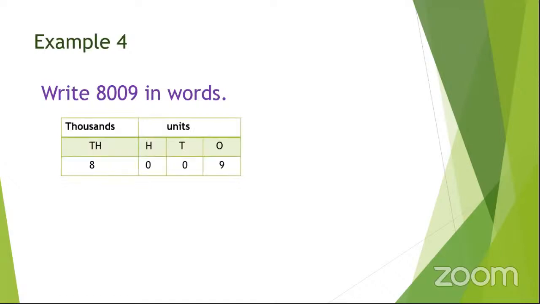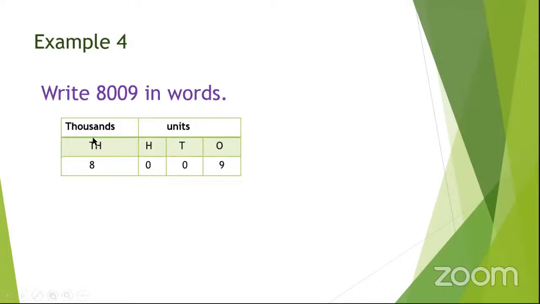Under units, we have 3 digits, and that is ones, tens, and hundreds. That is the first group, that is units. Then we remained with another digit, that is 8 under thousands. So its group is thousands. After doing that, now we are writing in words.